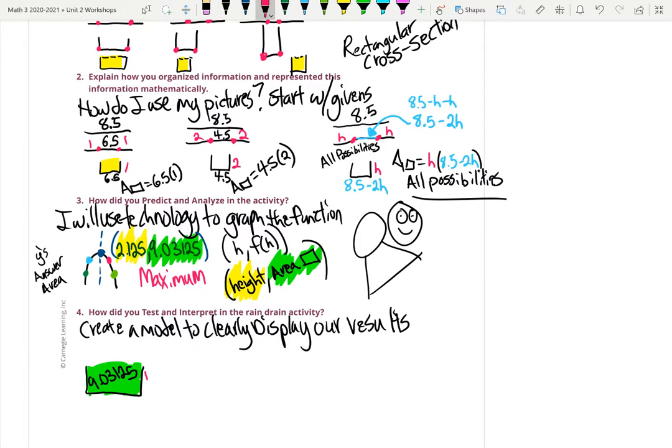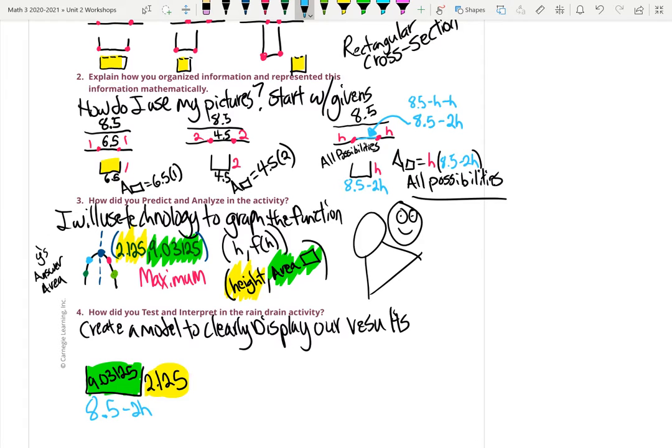The height is still going to be here. What was the height that we found? Well, the height is 2.125. It does leave us with something else. What is this? This in the past was 8.5 minus 2h.